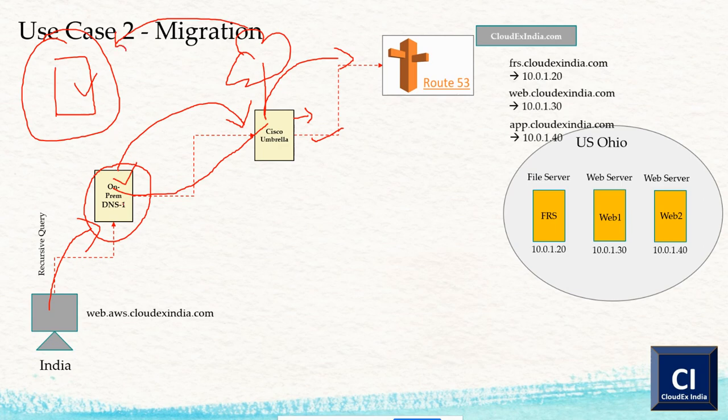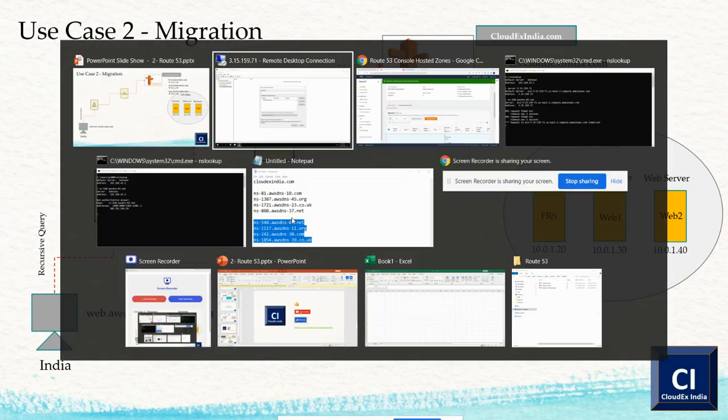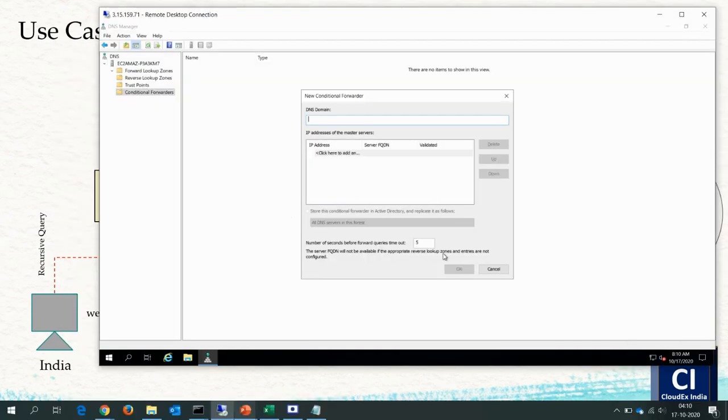What you can do is create the conditional forwarding over here. Take an example, it's xyz.com. You can create conditional forwarding so that whenever there is a query related to xyz.com, forward it to this. Don't forward on the internet, just forward to this particular DNS server. That is the reason we use conditional forwarding when there is a condition defined.